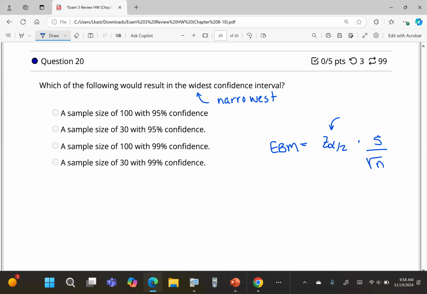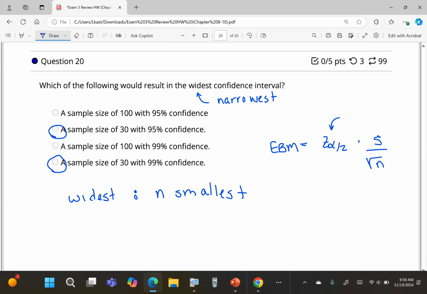So if you're going widest, n needs to be the smallest because it's in the denominator of a fraction. Okay, so it's going to be between this one and this one.